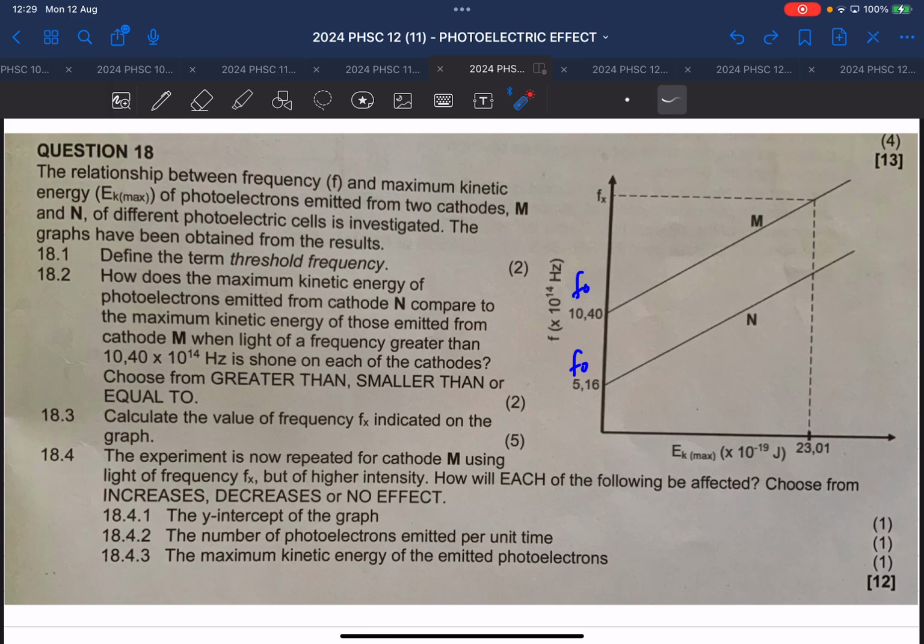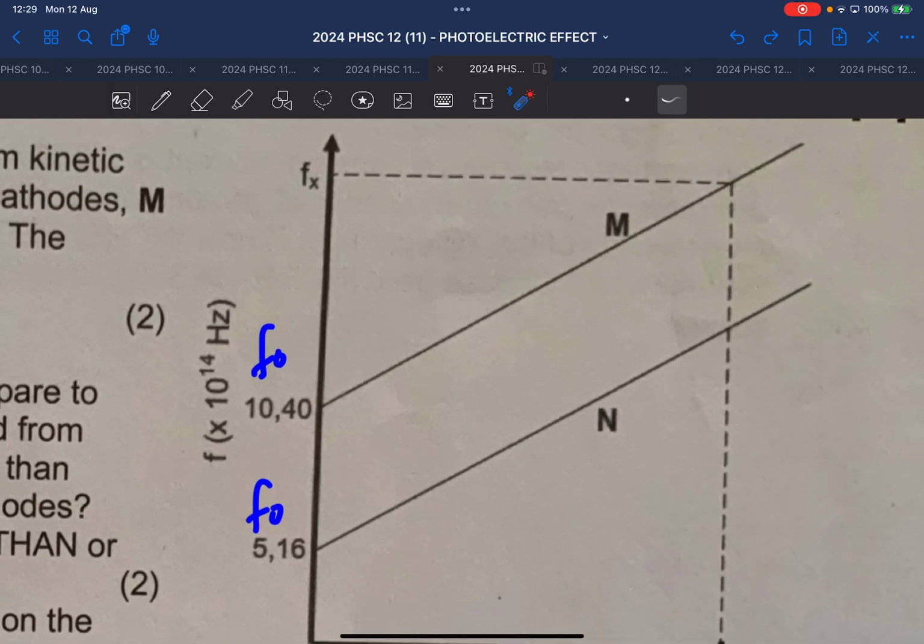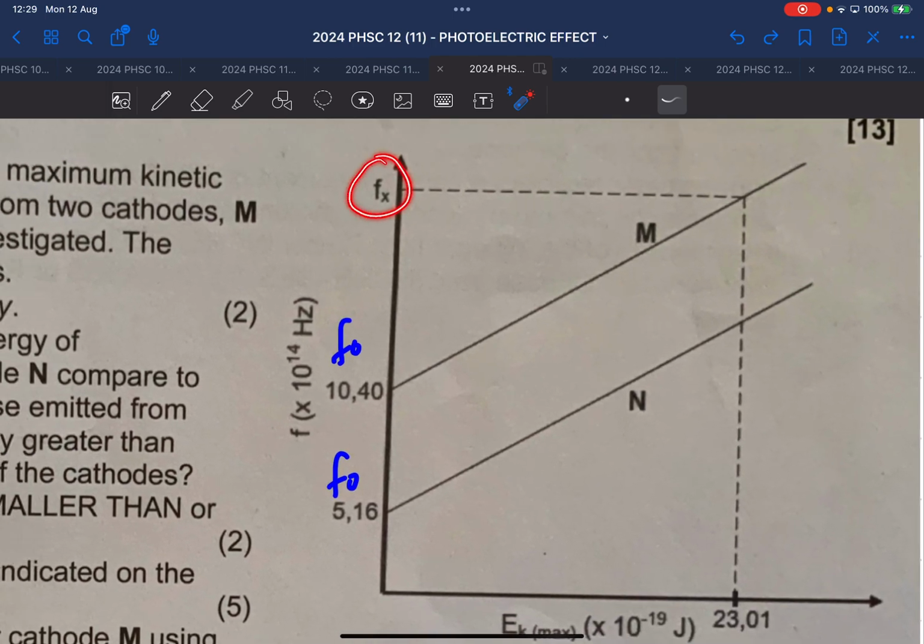Now they ask, for 5 marks, calculate the value of frequency Fx indicated on the graph. There's Fx. They give me a clue here. They say Fx is on graph M. You don't even look who it is, you just put it off.